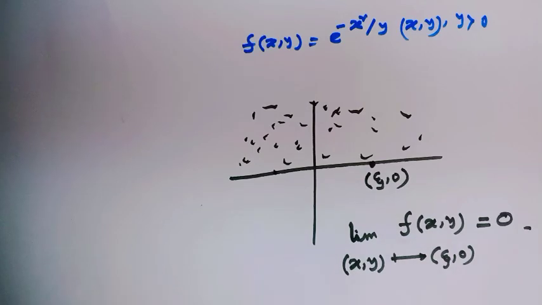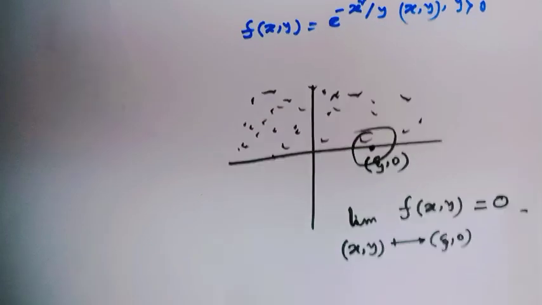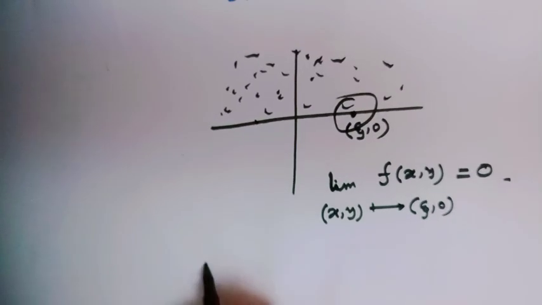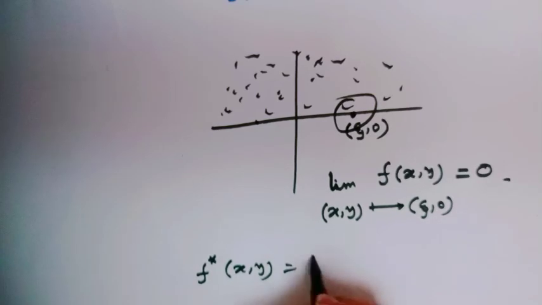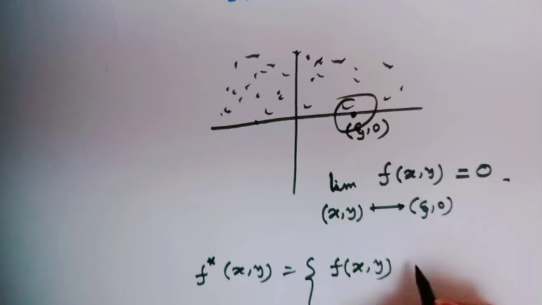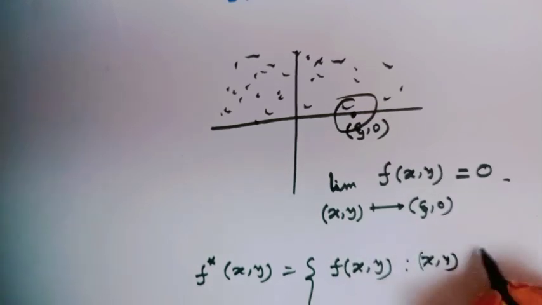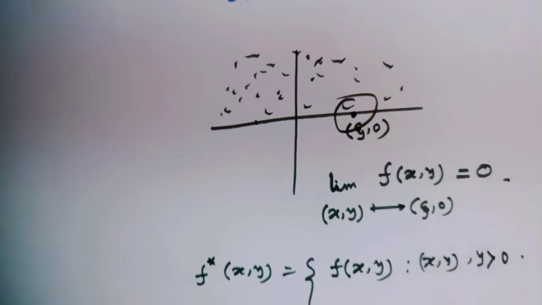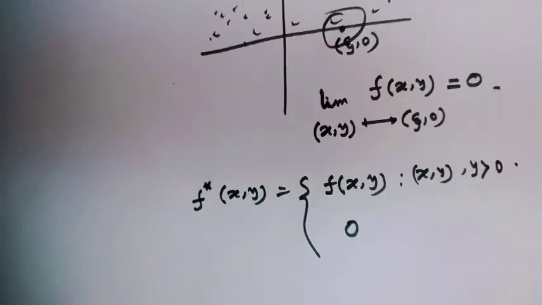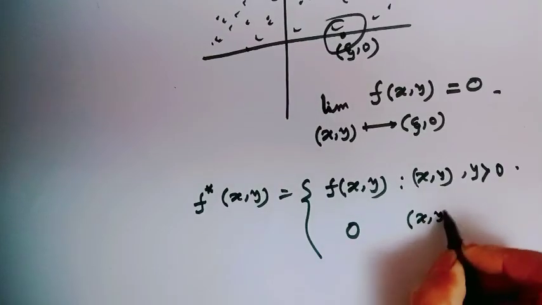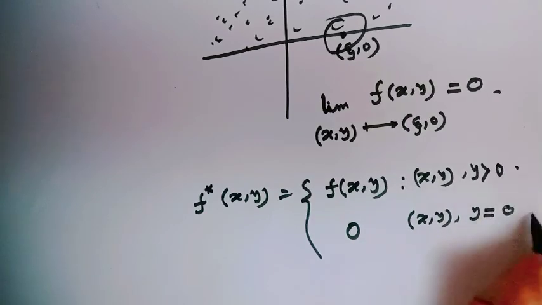And this is the case of removable discontinuity. That means you can easily redefine a new function f star (x,y) such that it equals f(x,y) where y is greater than 0, and 0 at (x,y) such that y equals 0.